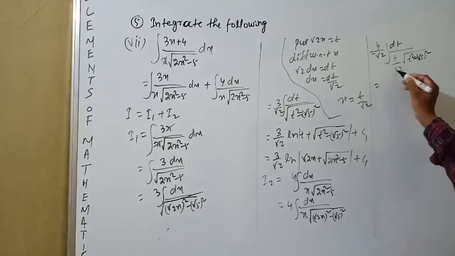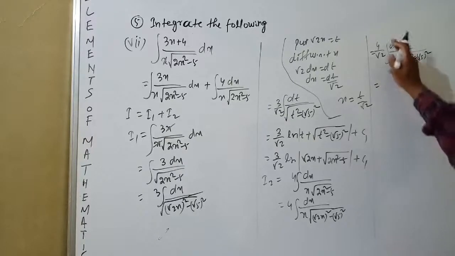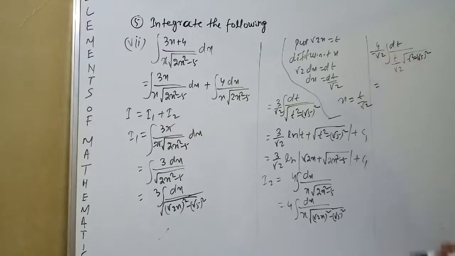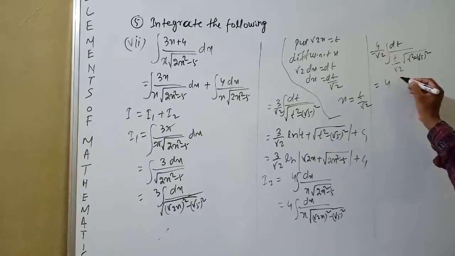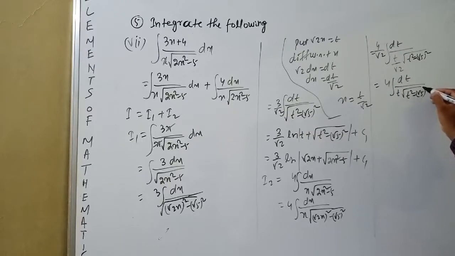Okay, is equal to, this root 2 will go up, then root 2 will cancel out automatically, only 4 you can get, dt by t root over t square minus root 5 square.